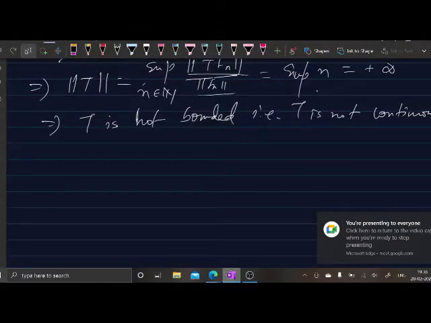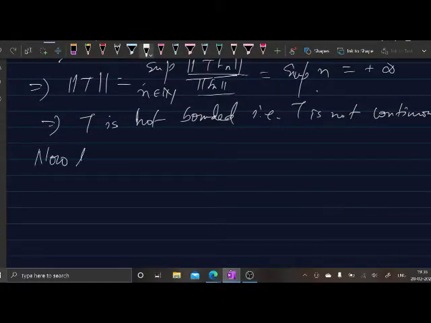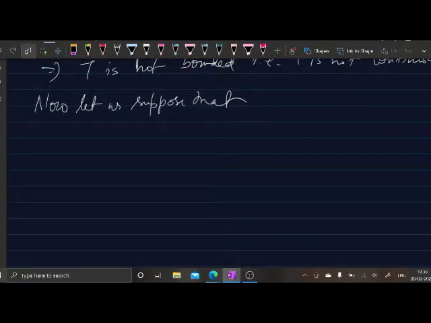So now let us suppose that you take a limit point of the graph of the function.